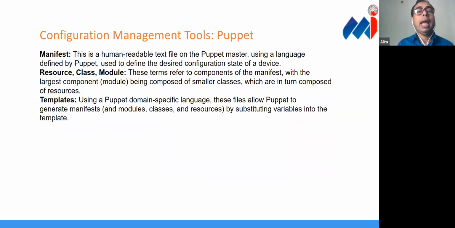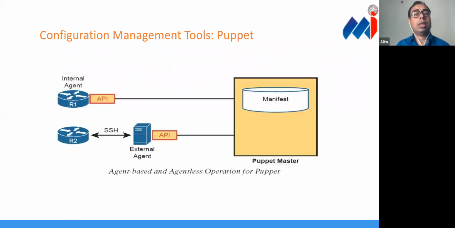Puppet is another tool, but its language is quite different. The terminologies are slightly different, but the concepts are the same. In Ansible we call it a playbook; here it is a manifest. There are also resource, class and module. Resource here means the devices; inventory in Ansible, resources here. Templates are the same. Puppet scripts can run agentless or with an agent.